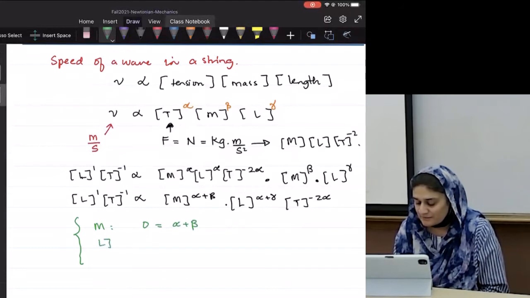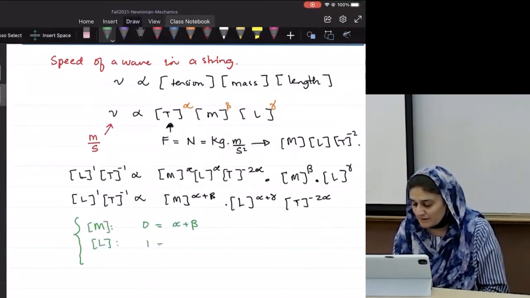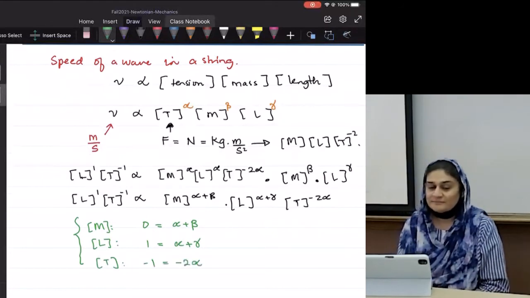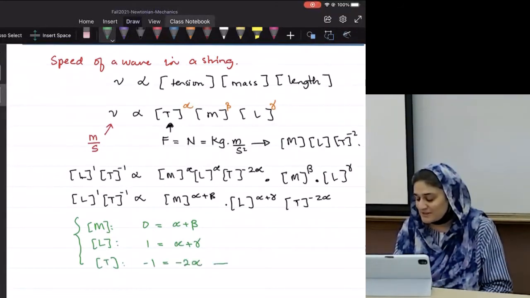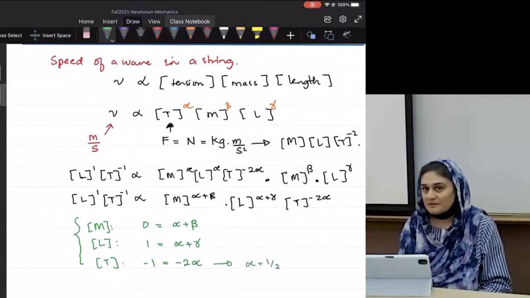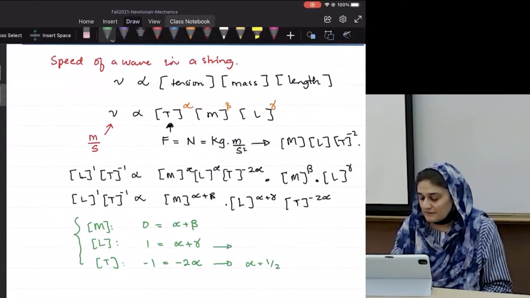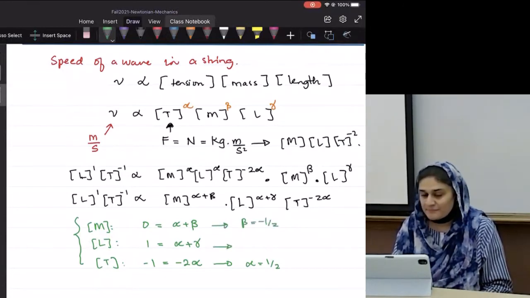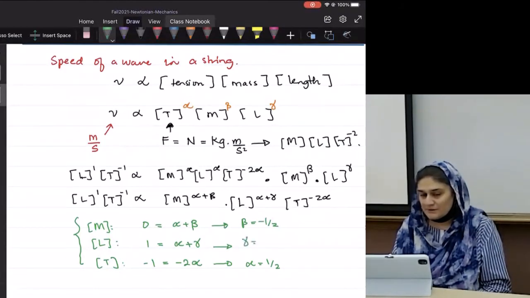If I do L, it will be 1 equals alpha plus gamma. And when I do T, it will be minus 1 equals minus 2 alpha. So this means I can start here where alpha equals a half, beta equals a minus half, and gamma equals a positive half.